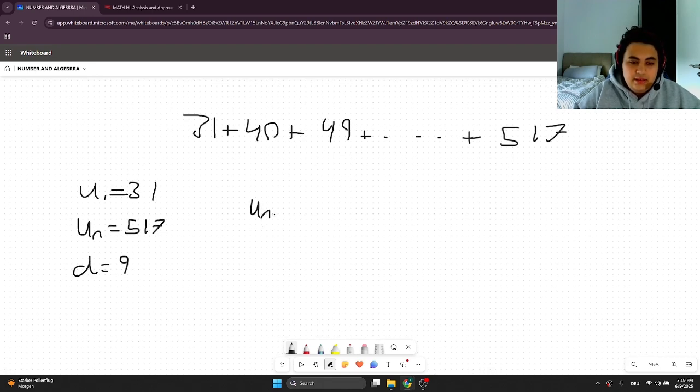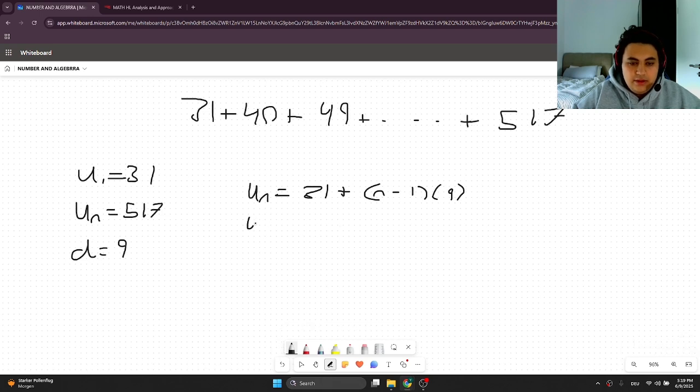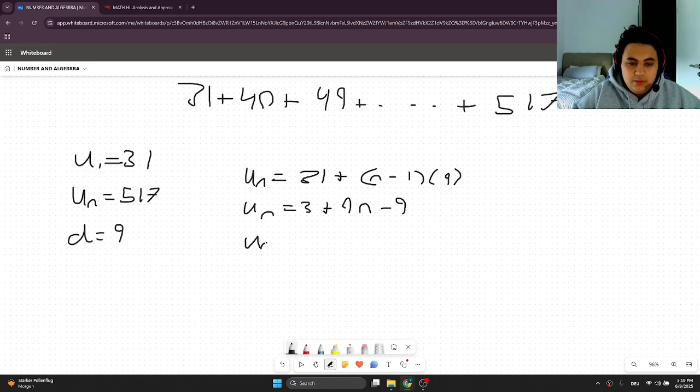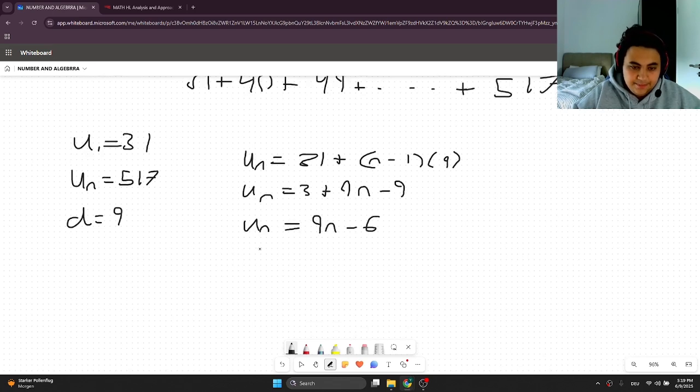To find the number of terms, we say un is equal to u1, which is 31, plus n minus 1 times 9. So un is equal to 31 plus 9n minus 9, so un is equal to 9n minus 6.